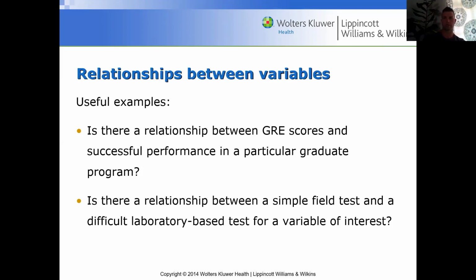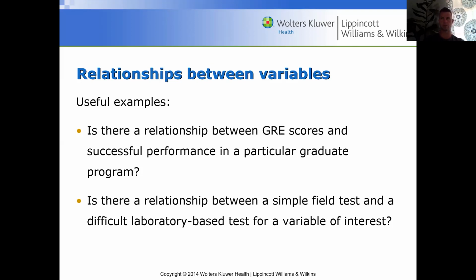Or the other reason you might do that is because, again, if there's a really great lab-based test, a great determinant of something, like this person can be successful doing this or whatever, not everybody is privy to be able to have a laboratory and do that. If you can perform a simple field test that has a high probability rate in comparison to the lab-based test, it may not be as good, but it's a really good test, and we see a high percentage of correlation between the two, then that may be a great substitute for folks that are out on the field, right?